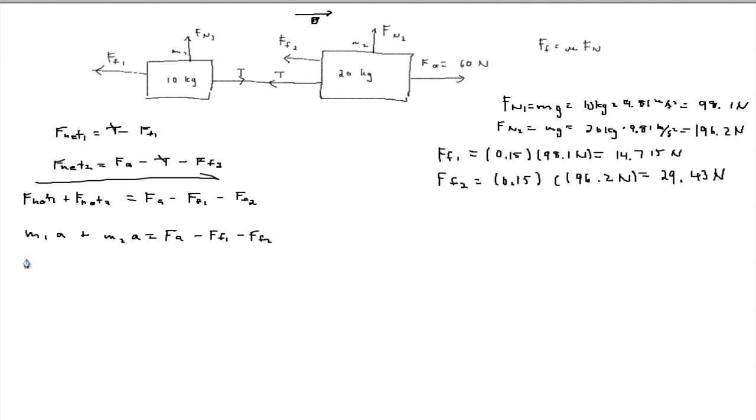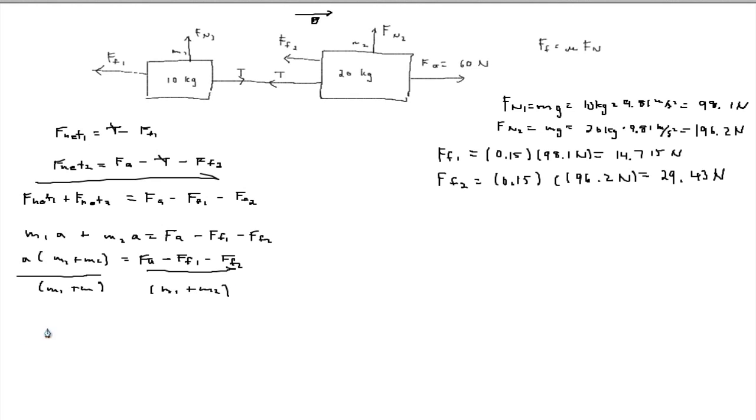And we'll factor out the acceleration, and we'll have m1 plus m2 times a is equal to F A minus force of friction on 1 minus force of friction on 2. And we're going to divide both sides by m1 plus m2, because we want to determine the acceleration of the whole system.